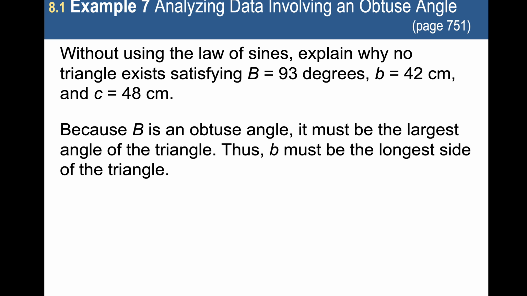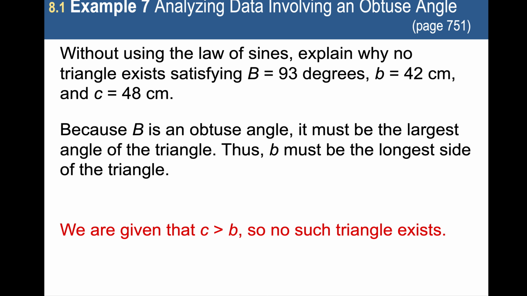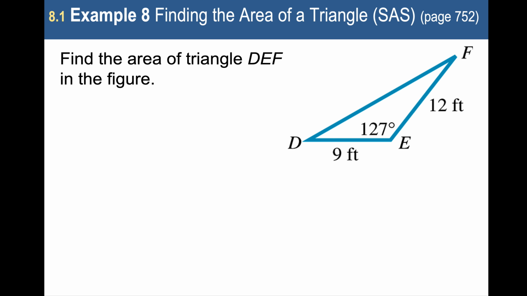That's a problem. So there's not a possibility of making a triangle here because little c is 48 centimeters, which means that that angle, capital C, would have to also be obtuse and larger than 93 degrees, which is not possible. Then I'm going to exceed the 180 degrees. So there's no such triangle that would exist here. Even without launching into the law of sines, I can just look at it and know that.